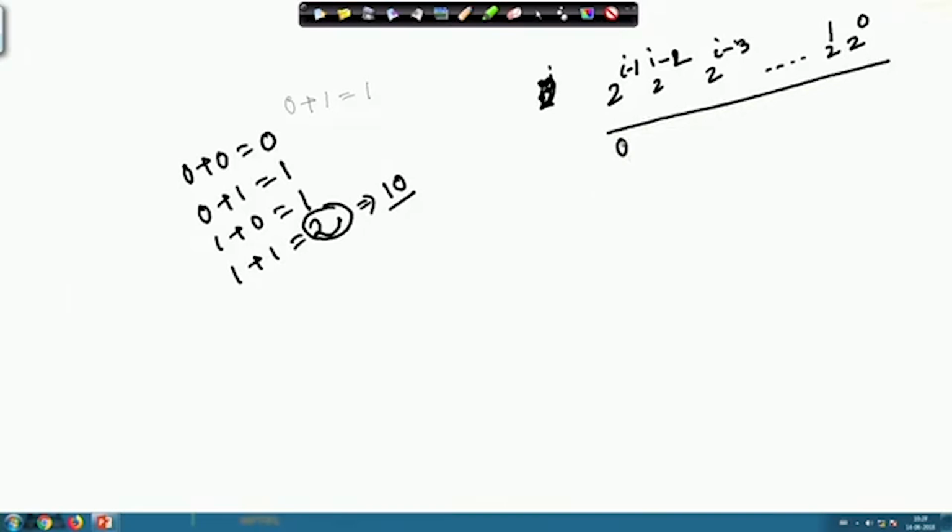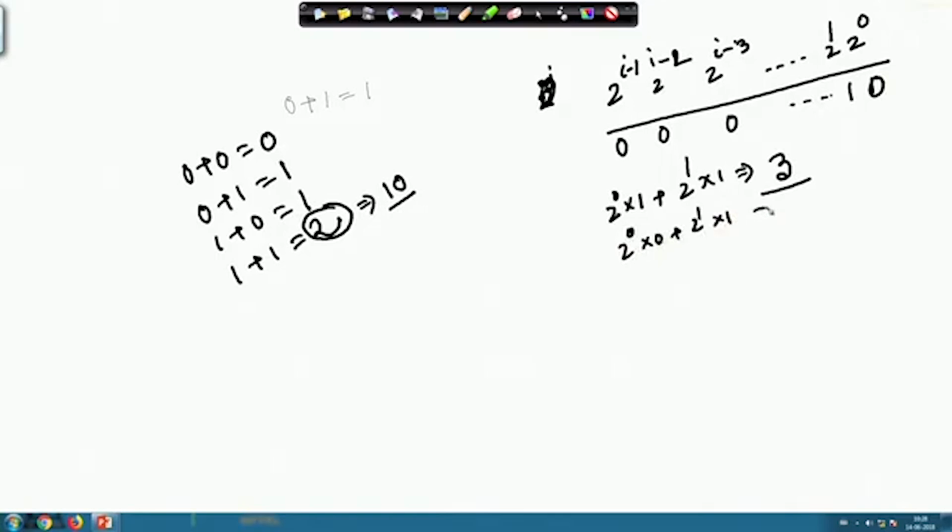If I put 0 0 0 and 1 1 over here, what will be the corresponding decimal value of this binary number? That is 2 to the power 0 into 1 plus 2 to the power 1 into 1, which equals 3. For 2, I need 0 in the first position: 2 to the power 0 into 0 plus 2 to the power 1 into 1, that is 2.